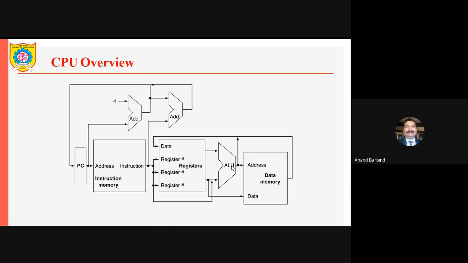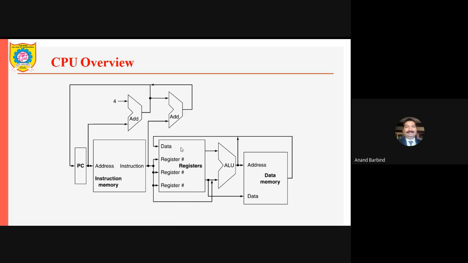If it is related to the data memory, then the role of the ALU, as discussed, is to calculate the address of the data memory. If the ALU is calculating the address of the data memory, it will be given to the data memory. If the ALU is performing certain arithmetic and logic operations, the result of the ALU is given back to the register and written into the register.